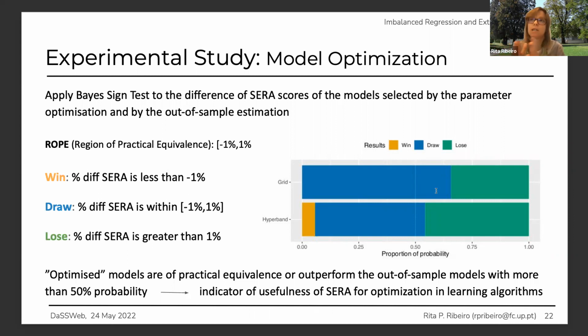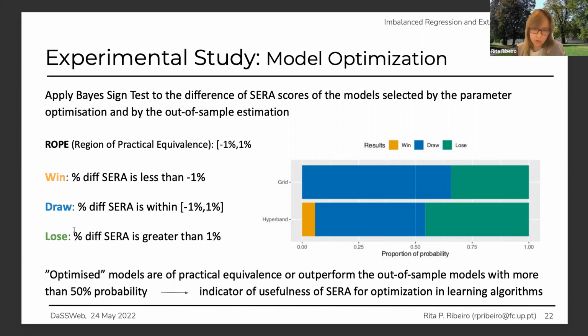Of course, if this difference is negative, it means it is worthwhile to work on the optimization, in the sense that the optimized models achieve a smaller SERA score. We are talking about errors, so the smaller the better. That accounts for a win, since it's outside the region of practical equivalence. If the percentage difference is within this ROPE interval, we would say they are practically equivalent. And it's not good to try to optimize SERA if it's worse than what is obtained on the out-of-sample estimate.